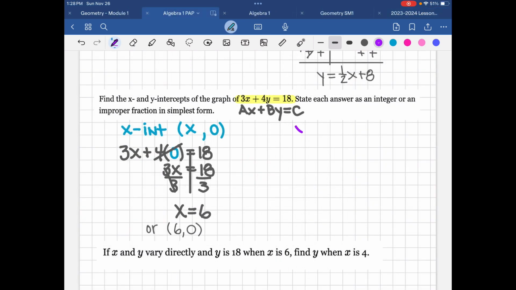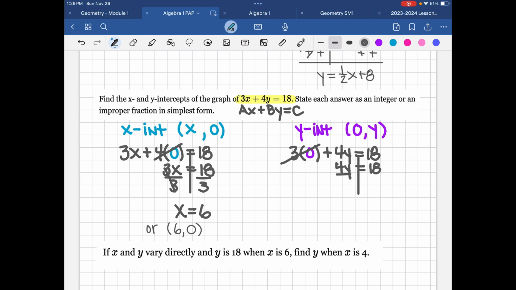All right, to do our y-intercept, this time, remember, it's 0, comma, the number y, whatever number y is. So this time, we're going to plug in 0 for our x value. So let's go ahead and do that. Perfect. Remember, 3 times 0 is simply 0, so it would eliminate the x value.